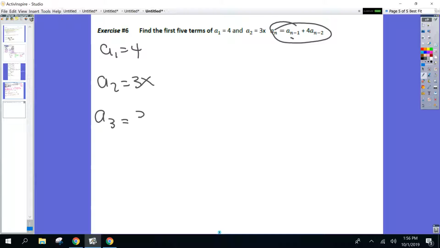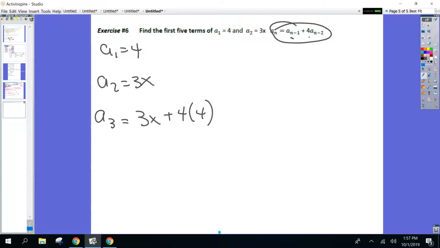So I'm going to take 3x. I'm just following the rule. Plus 4 times. Now, if that was the previous term, what's n minus 2? The one before that one, which would be what in my case? 4 times 4. Does everyone see that? Previous term plus 4 times the term before that one. That's where n minus 2 came in.